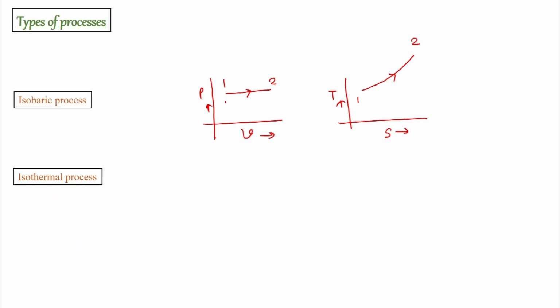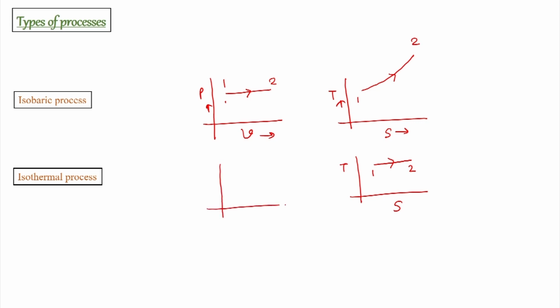Then we have isothermal process. As the name suggests, isothermal process is a process in which the temperature of the system is going to remain constant. If we plot a TS diagram, then the process 1 to 2 is at constant temperature. So, it is a horizontal line, and that horizontal line represents the isothermal process.